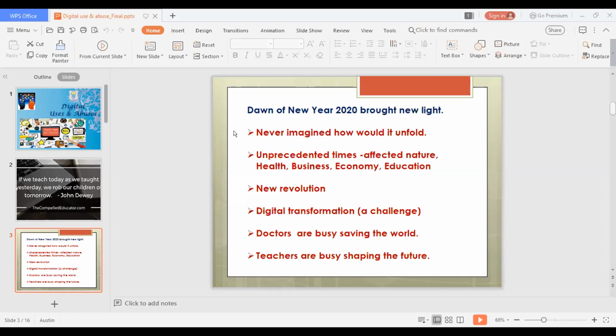And a new revolution has taken place in the field of education. It is digital transformation, which was a challenge for all of us. Because at the time when doctors were busy saving the world, teachers were busy shaping the future.